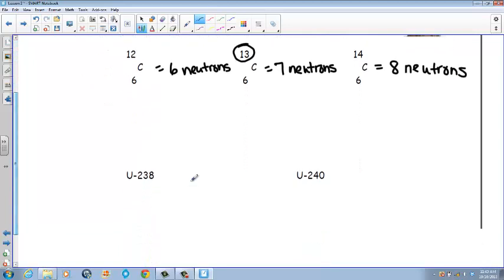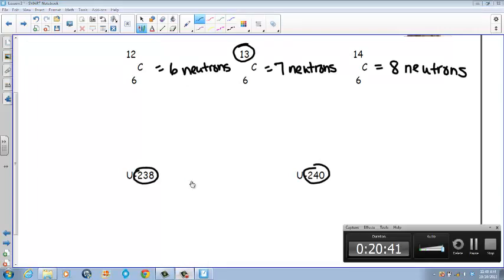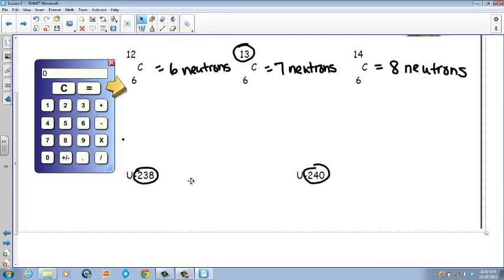All right, here are two more. We have U-238 and U-240. So let's figure this out. How many neutrons would we have in the two of these isotopes? Well, 238 is the mass number for this, and 240 is the mass number for this uranium. So we need to look up the atomic number first to figure out how many neutrons we have. Okay, so after we look up the atomic number for uranium, the periodic table tells us that it's 92.